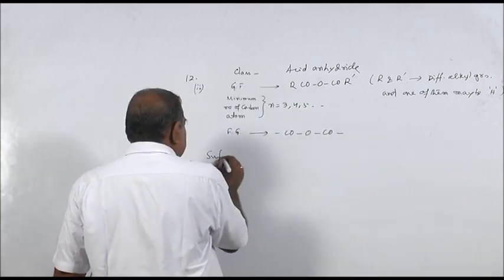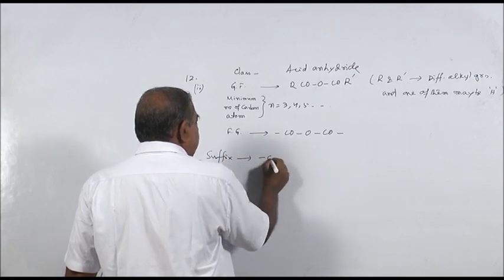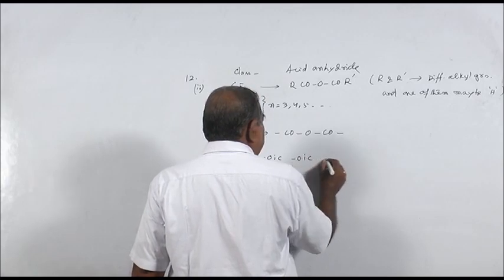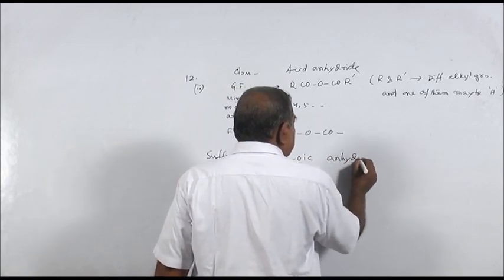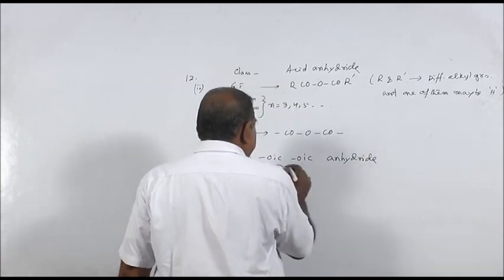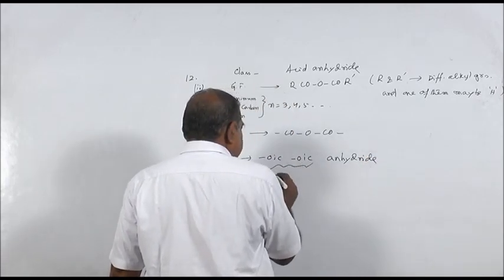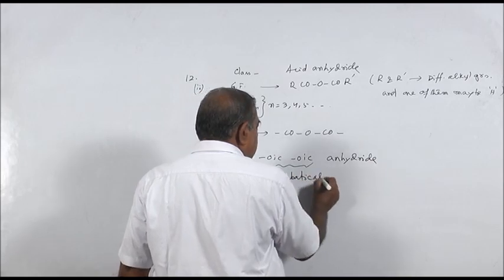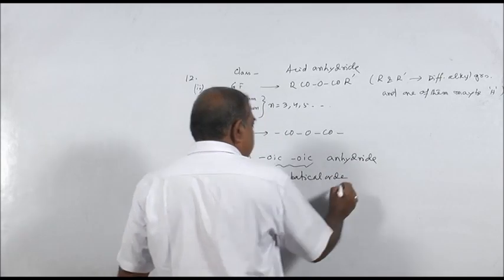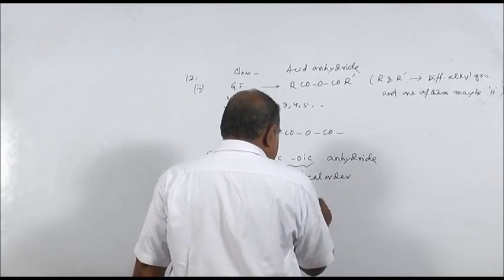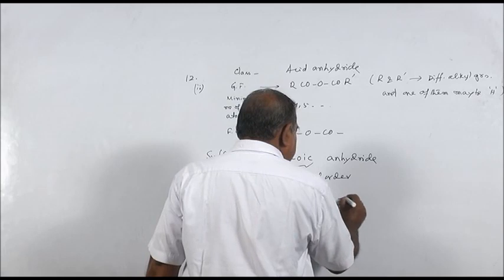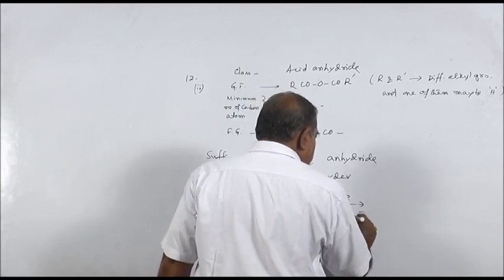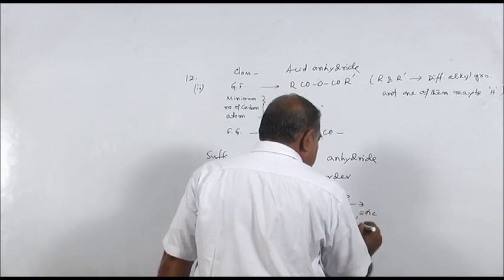Here the suffix is oic, again oic anhydride. These you will write in alphabetical order. So from alkane, E is replaced by oic and oic anhydride.